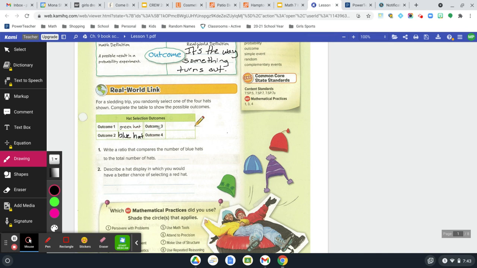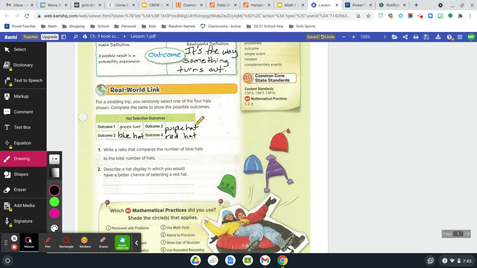Outcome number 3, you could pick the purple hat. And the last outcome that's possible, outcome number 4, you could pick that red hat. So you have 4 choices, 4 possibilities of different colored hats that you could pick.